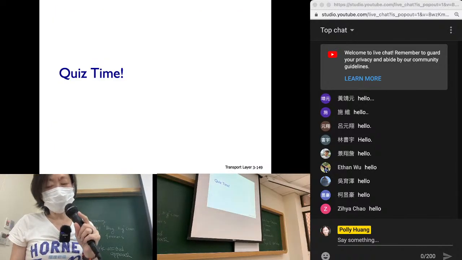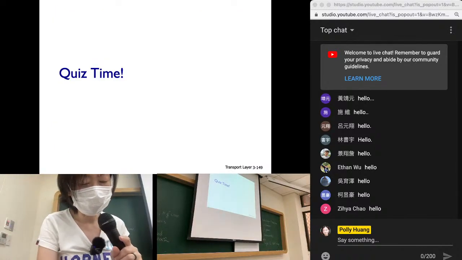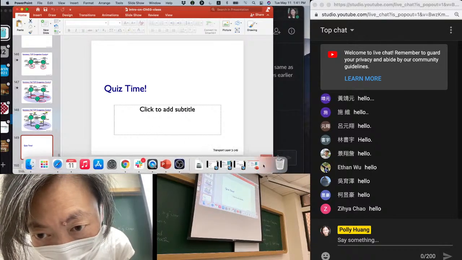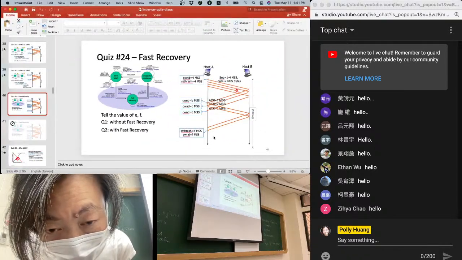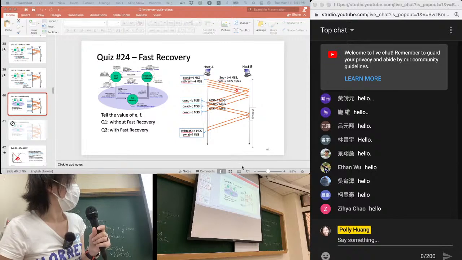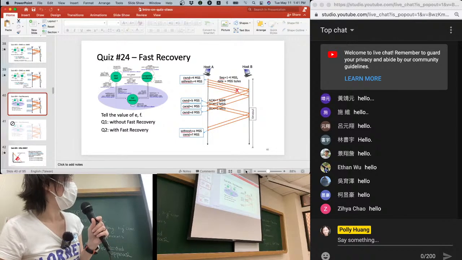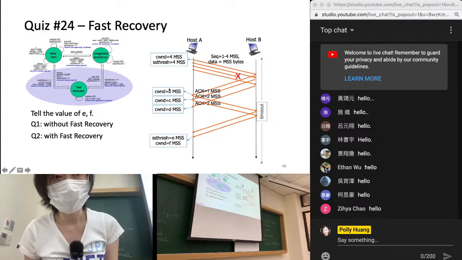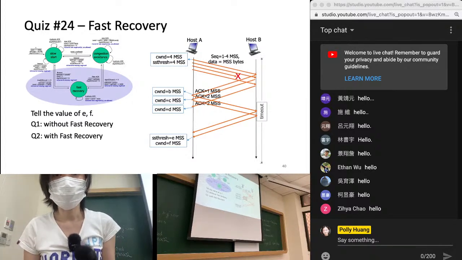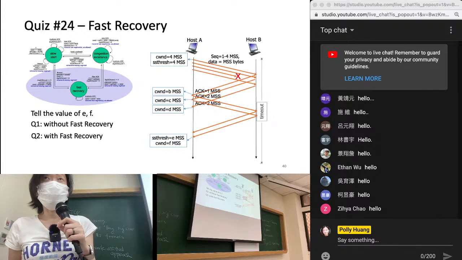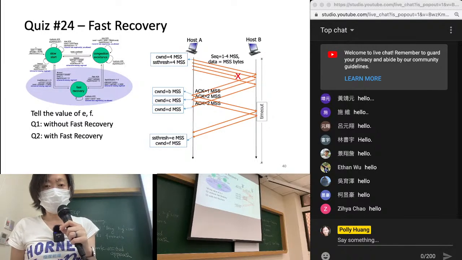Okay, let's exercise it with another quiz. Number 24, let's bring it up. So this is fast recovery. So I also show the state machine there. The scenario is actually the same as quiz number 3.